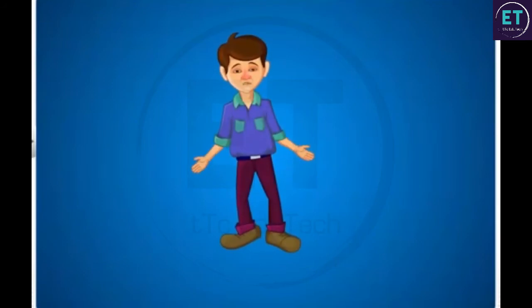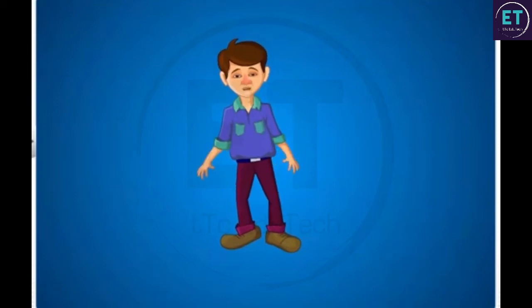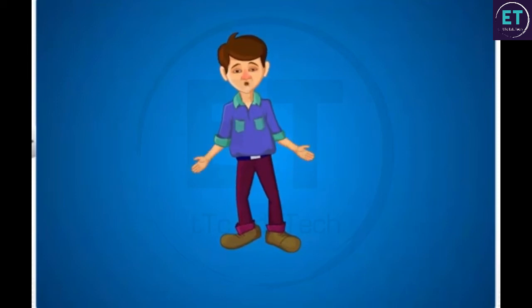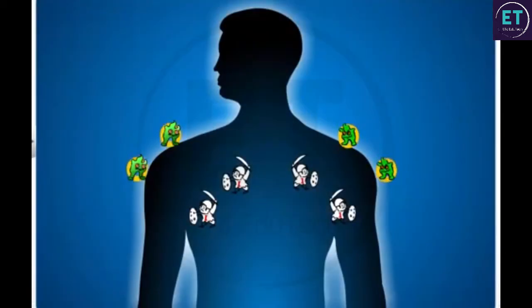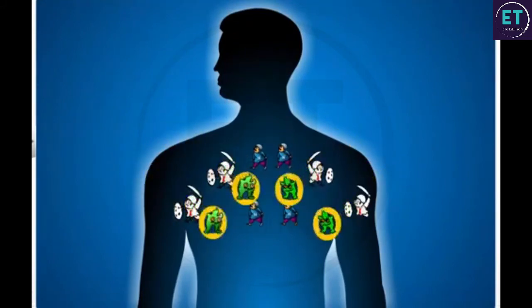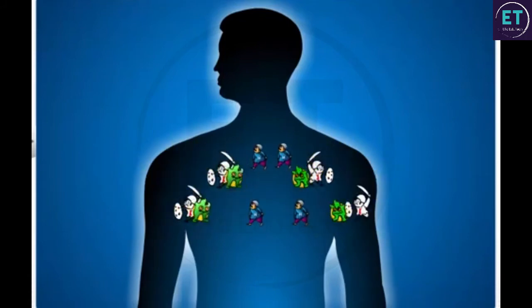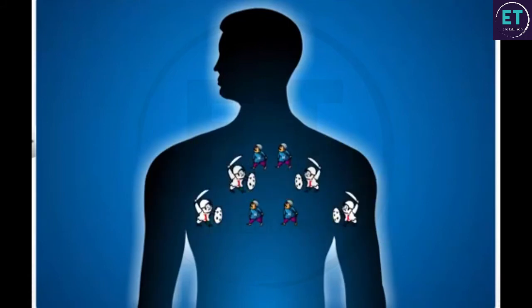Mom, I have heard that a person who is infected by chickenpox won't get the disease again. Is that true? That is correct. This happens because once we get an infection, our body cells react against it and remember it, particularly by producing memory cells.